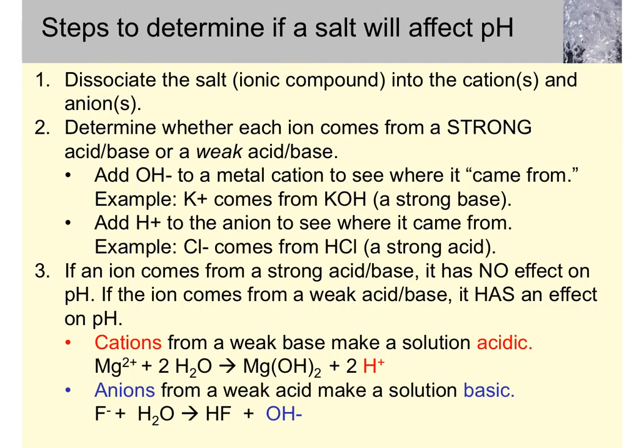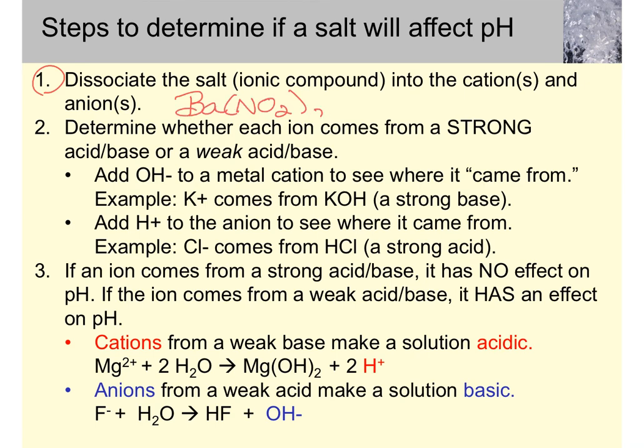I created a list of the steps that you will undergo if you are to determine if an ionic compound is going to make a solution acidic or basic. The first thing you want to do is dissociate or ionize the ionic compound into the individual cation and anion. So let's say that I did barium nitrite.